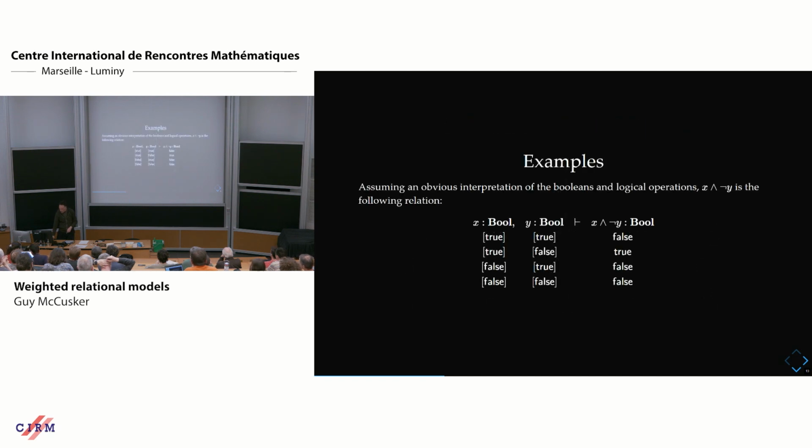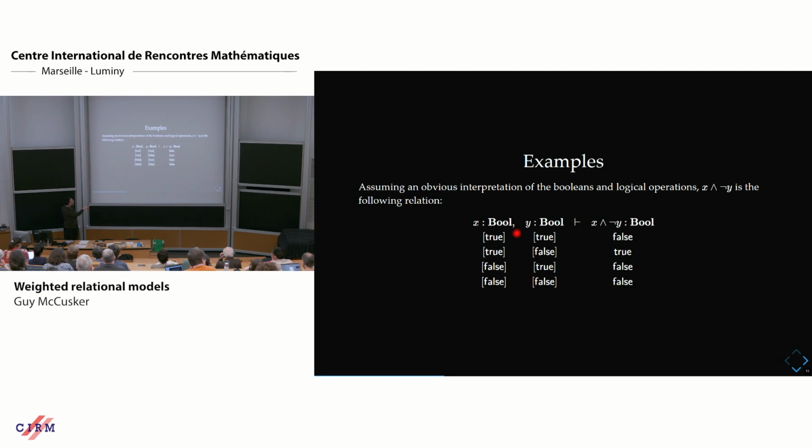Okay. So to make things nice and easy, let's look at a simple example. Let's suppose we have a base type for the Booleans, and we have the obvious interpretation of that as a set, and we have some constants that we built into our model for interpreting conjunction and negation. And then the term x and not y of type Boolean with two inputs x and y is interpreted as this relation.